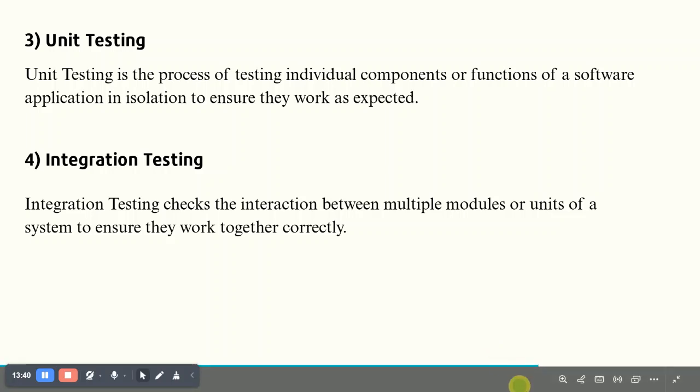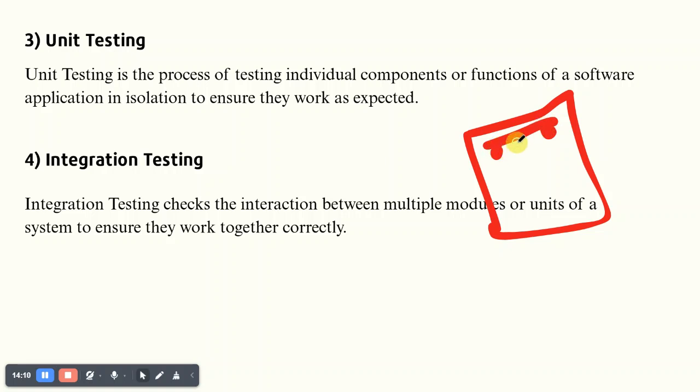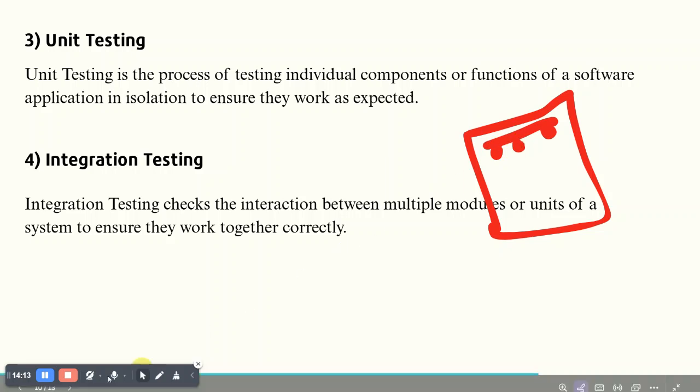So, when we took an example like unit testing, this is one kind of application. There is an application and there is a navigation bar like this. When you click on it, there are small tabs like this and the color matches the same.